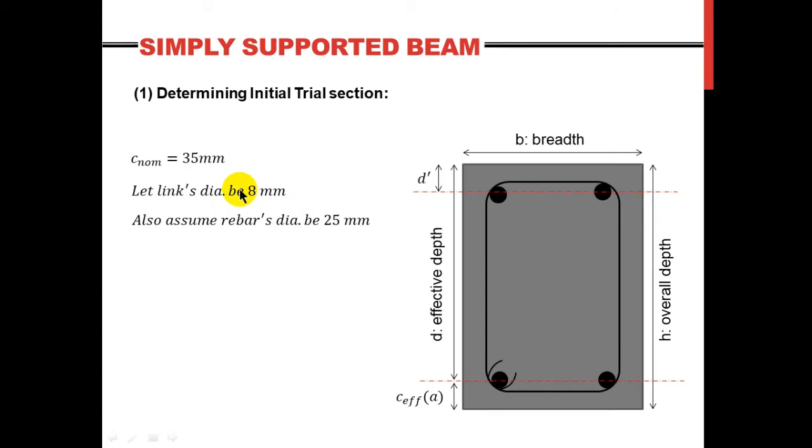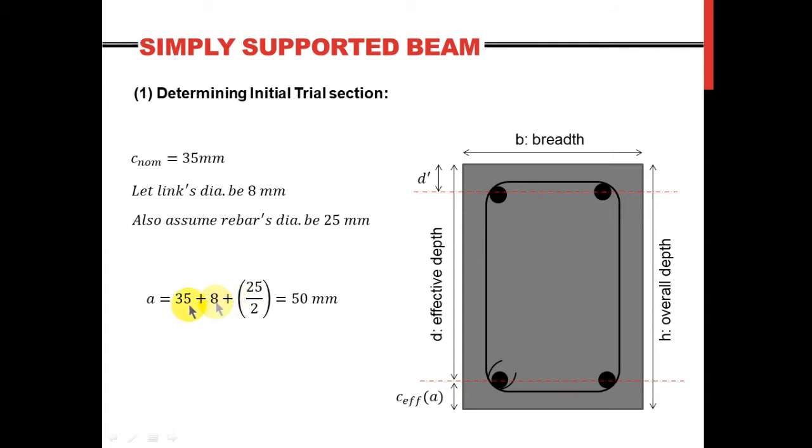So I'm going to assume my link's diameter to be 8 millimeter. That's something reasonable. So it's between 8, 10, maybe probably 12. And for the tension reinforcement, I'm going to take it as 25, right? Sometimes it might be 25, it might be 20, it might be even less than this. But I'm just going to assume it as this.